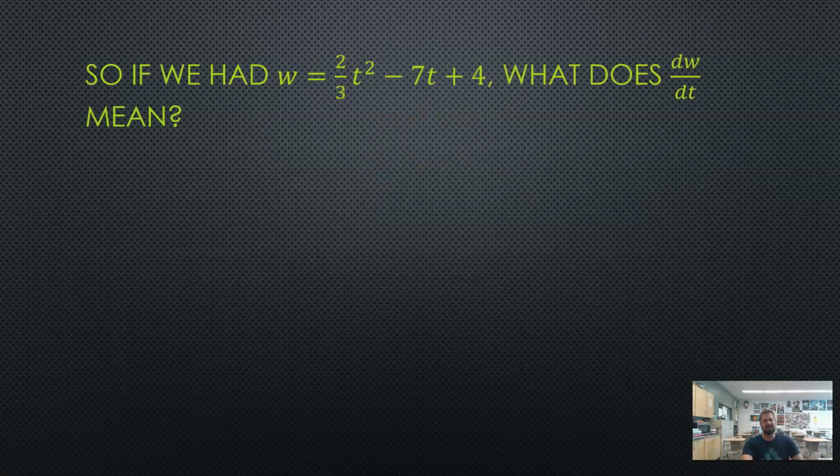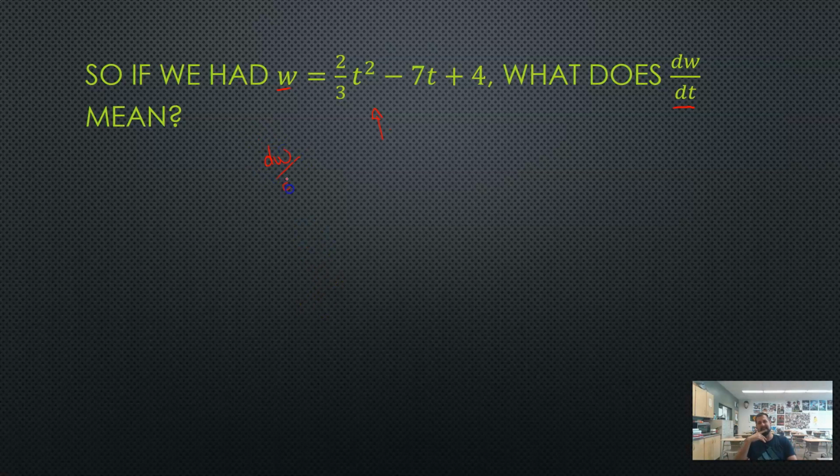So if I look at this right here, we don't just have to deal with y's and x's. If I wanted to know what dw dt was in this equation, we're saying that we're taking the derivative of w with respect to t. It's just like y's and x's. There's no difference here. The only difference is we're using different letters. It still means to do the same thing.